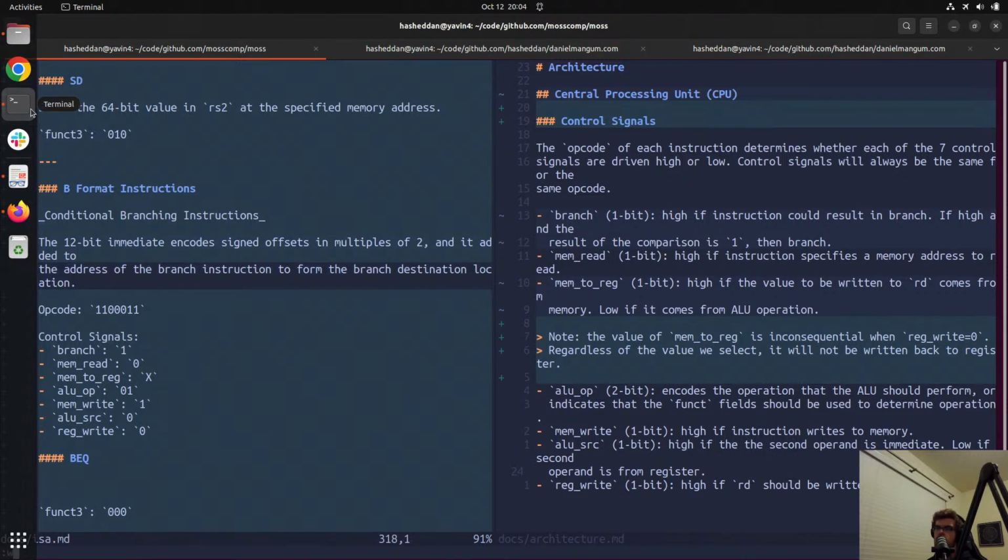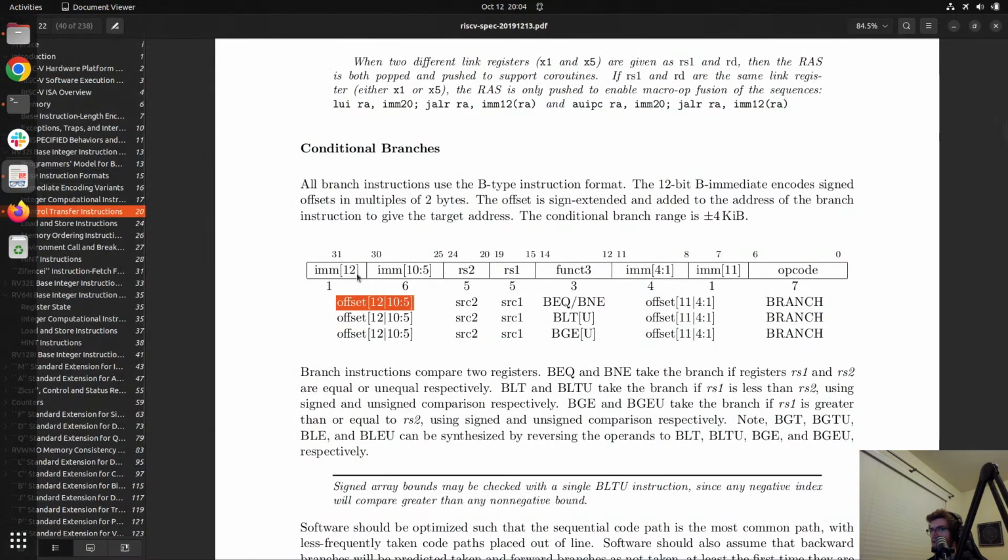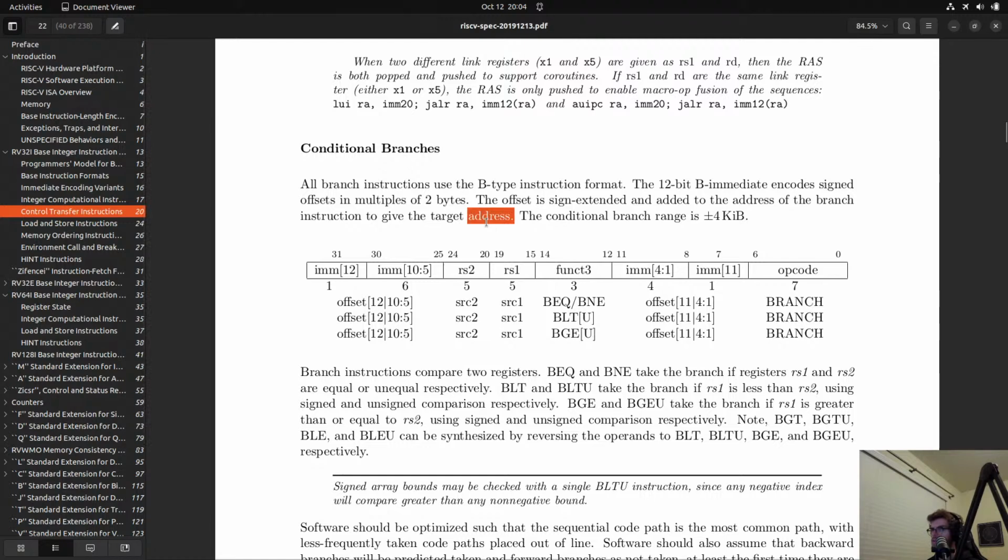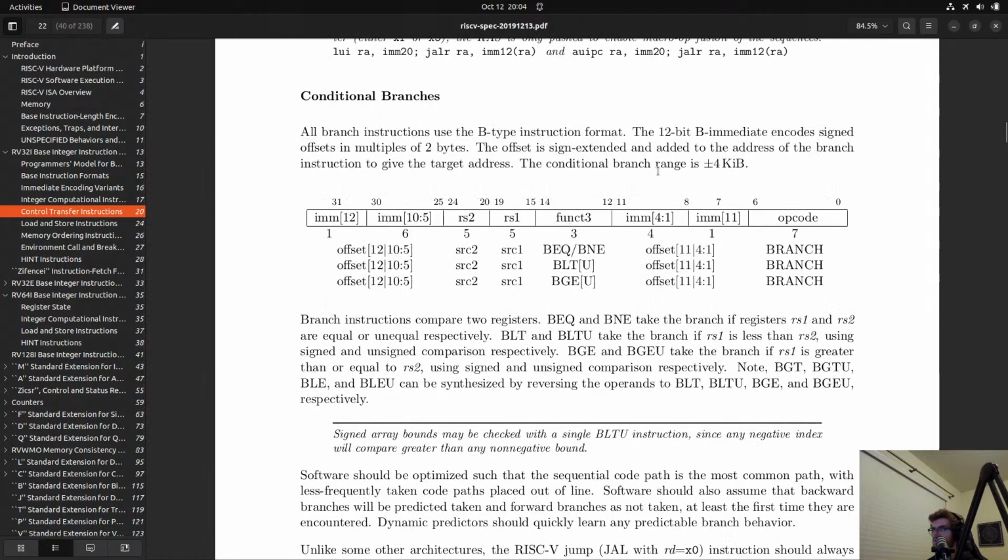The branch destination location, target address. That works. Conditional branch range is okay. So this makes sense. Why don't we have the first bit, right? Because it's multiples of 2 bytes, and it's byte addressable.